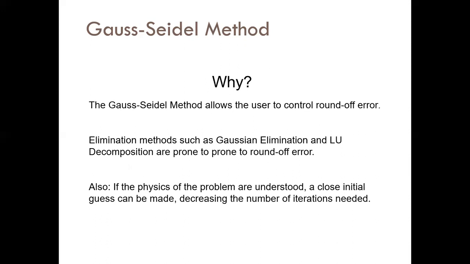Why do we choose the Gauss-Seidel method? The Gauss-Seidel method allows the user to control the round-off error. We control the round-off error by the number of significant digits used in the solution: the greater the number of significant digits, the lesser the round-off error.